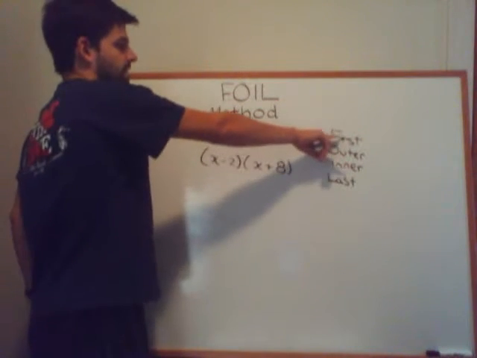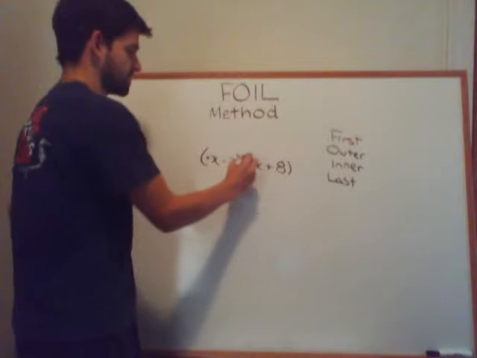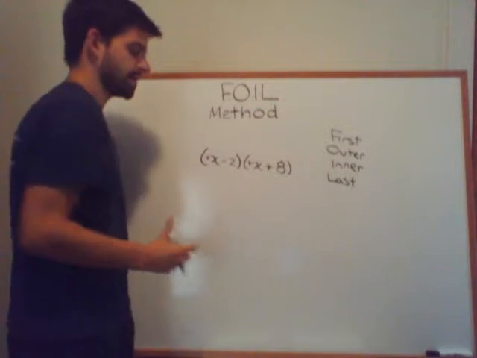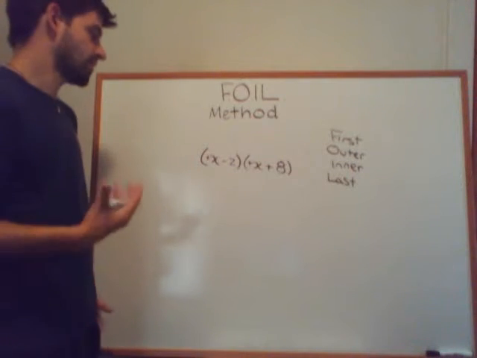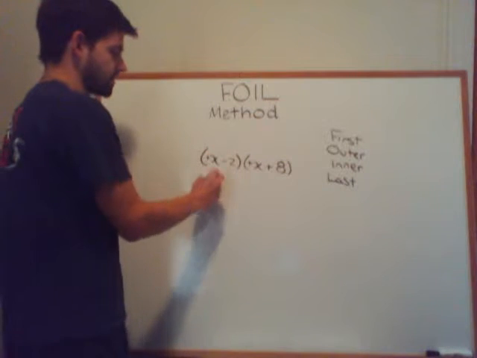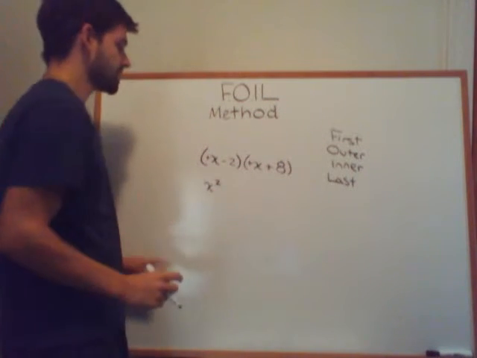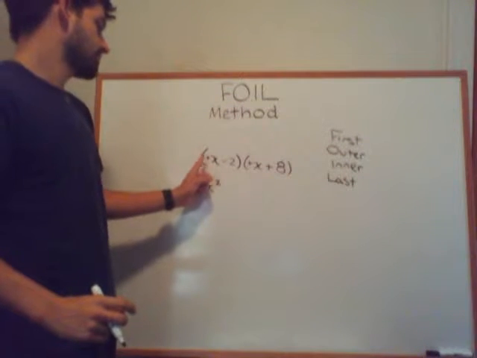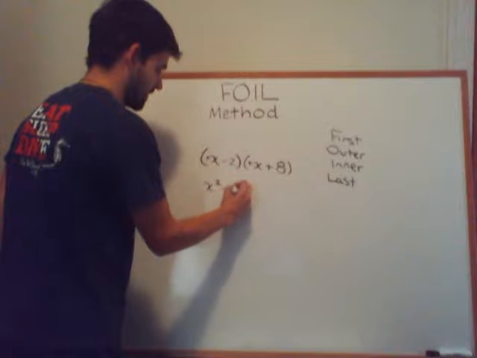So, keeping that in mind for first, it's going to be a positive x times a positive x. And again, if those signs aren't there, even though it's inferred addition or a positive value, go ahead and put the plus signs there. So positive x times positive x is x squared. Next we have outer, positive x times positive 8, which is positive 8x.